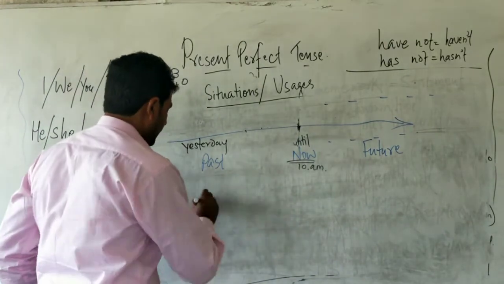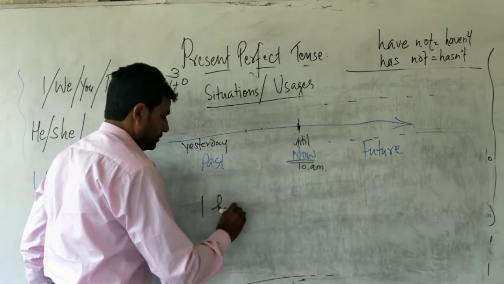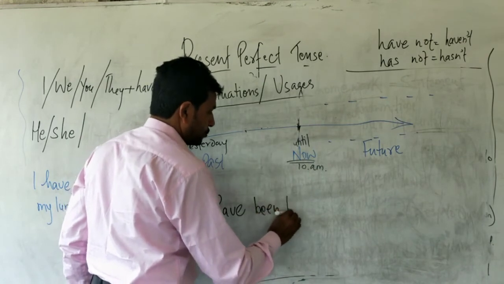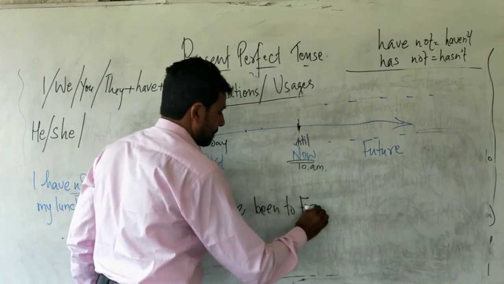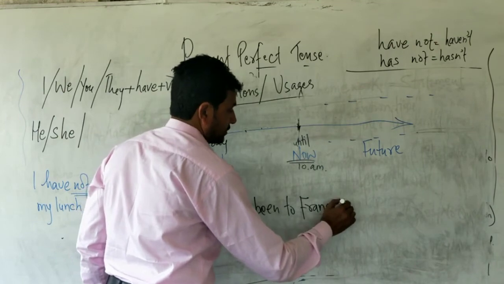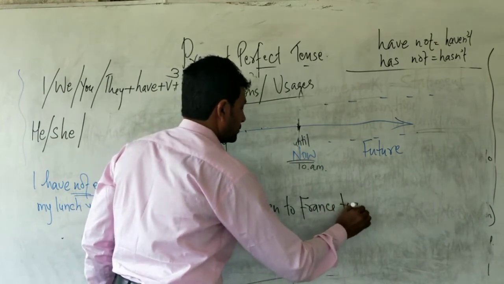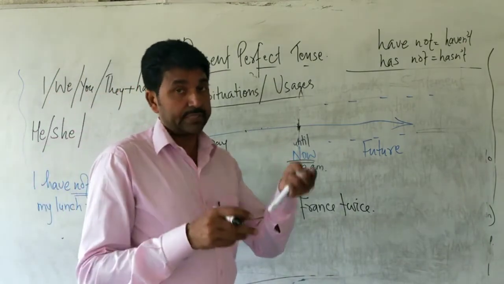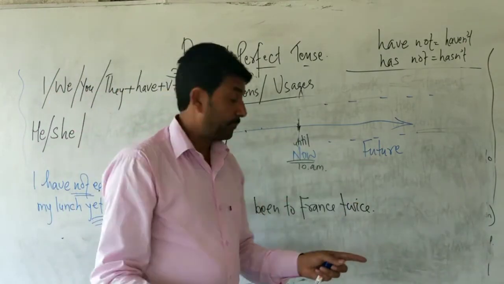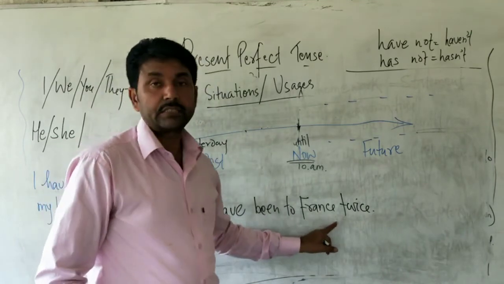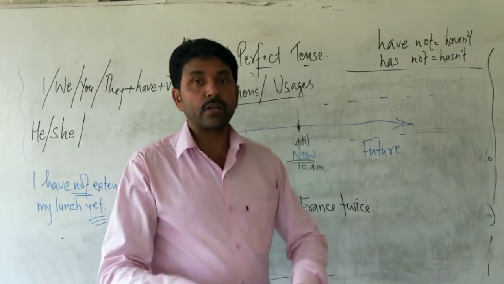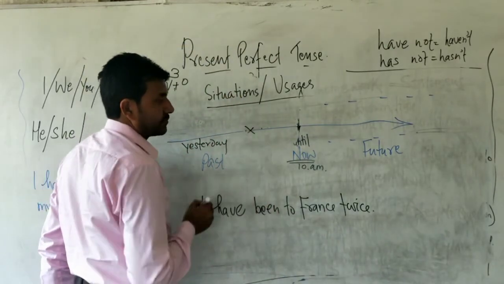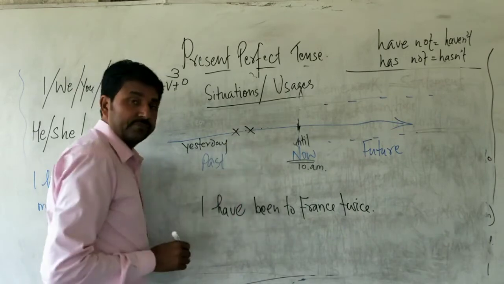If you say, I have been to France twice. So the action was completed 2 times in the past, but you don't know the time. You have visited France 2 times in your life until now. One time may be here, another time may be here.